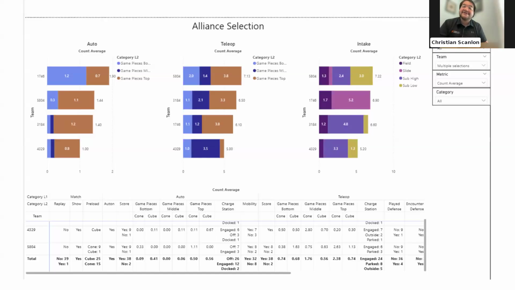And 1746 was able to win the Newton division and go to Einstein, which was a super exciting experience. But honestly, I really do attribute a lot of that to 5804, Chase, and his visualizations that helped us convince the captain to do that. And shout out to the captain as well for stepping out and allowing a backup robot to come in in the most intense moment.